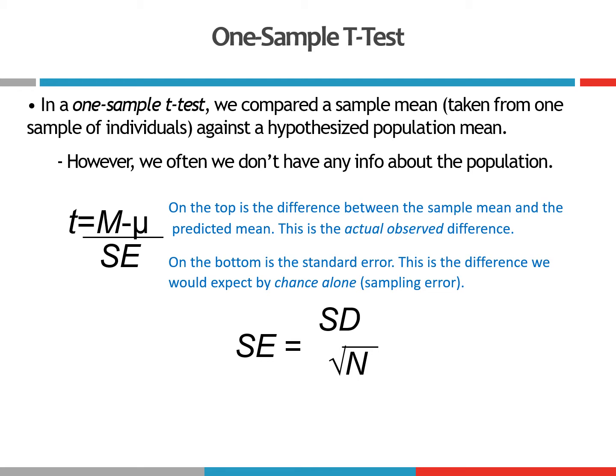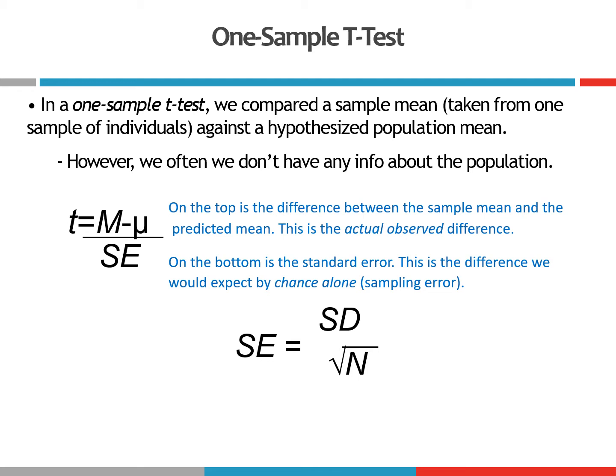So that's fairly simple. But on the bottom, it gets a little bit more complicated. On the bottom is the standard error, okay? So at the top is the observed difference, and at the bottom, the standard error represents the difference we would expect by chance alone, right?